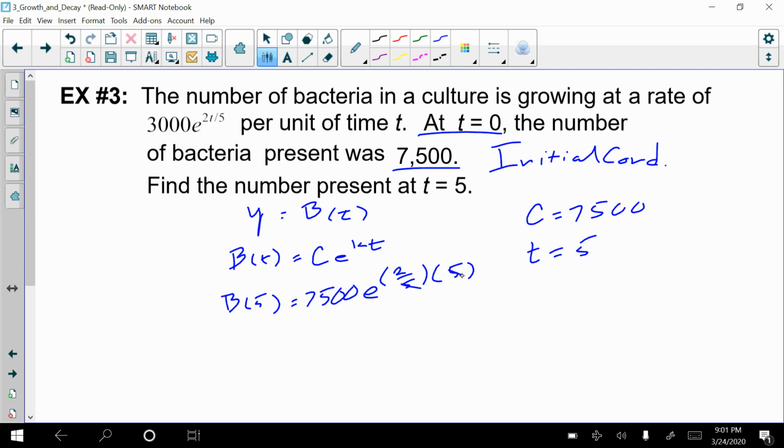So 7,500 times e squared will give you B of 5 to be approximately equal to 55,417.921 bacteria.